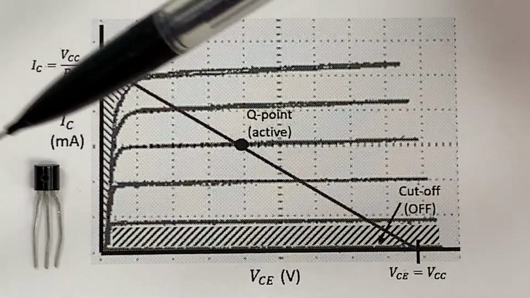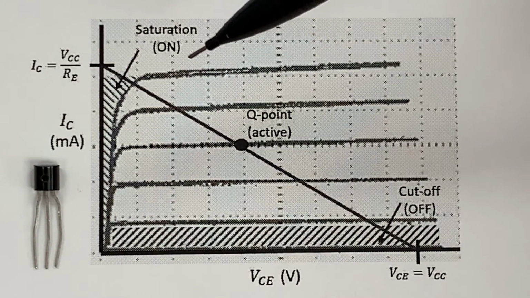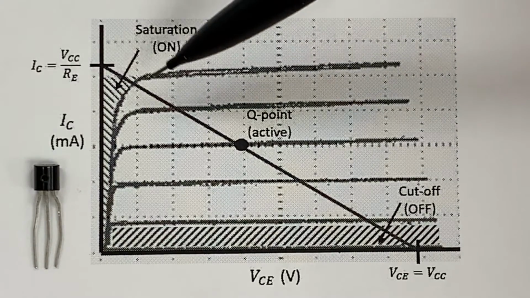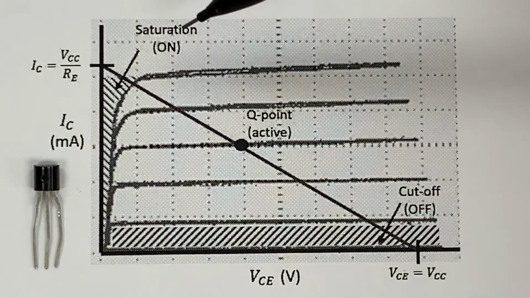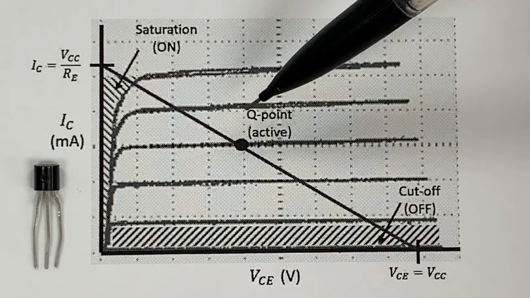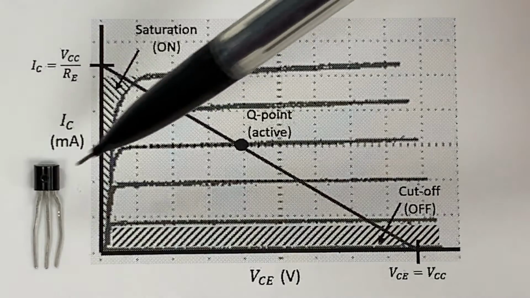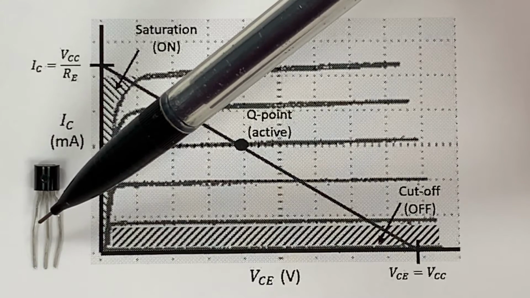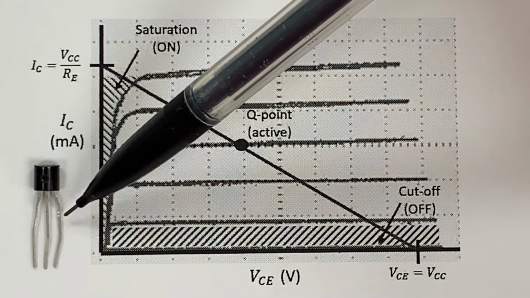When using the BJT in your system, it'll have 3 different modes that it can run at. It has a saturation mode, in which it acts like a closed switch. You have the Q point or active region, and this is when the collector is in reverse bias mode, while the emitter is in forward bias.